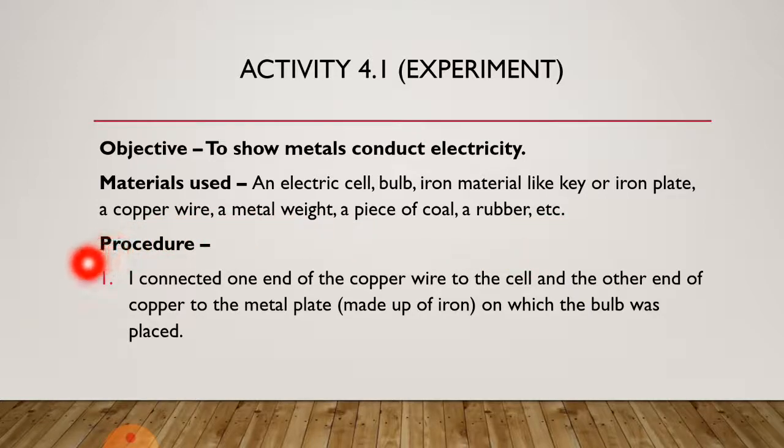Now the procedure. I connected one end of the copper wire to the cell and the other end of the copper wire to the metal plate, made up of iron. So here is not an iron rod. Here is a metal plate, as I told in the previous class, on which the bulb was placed.